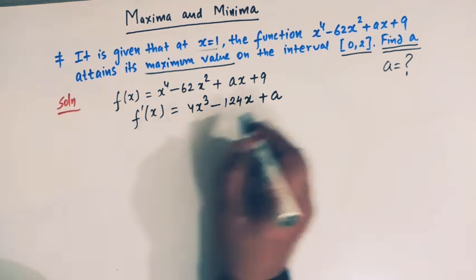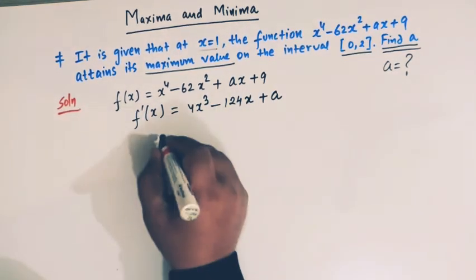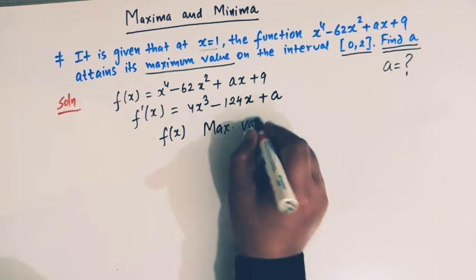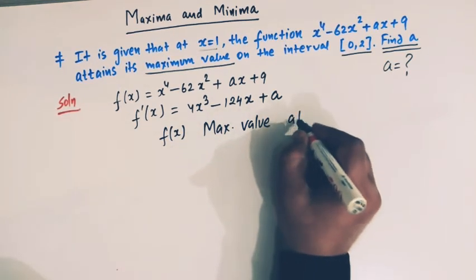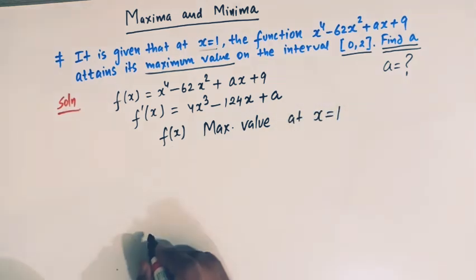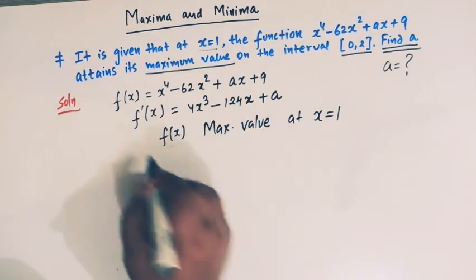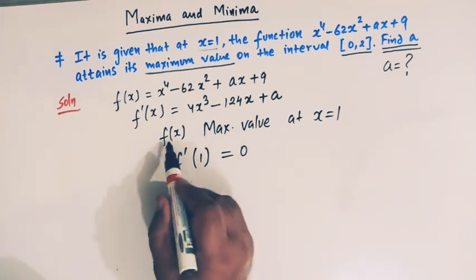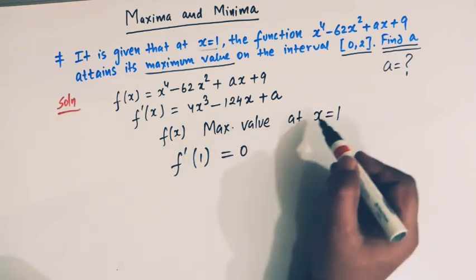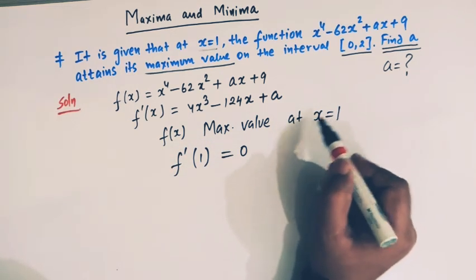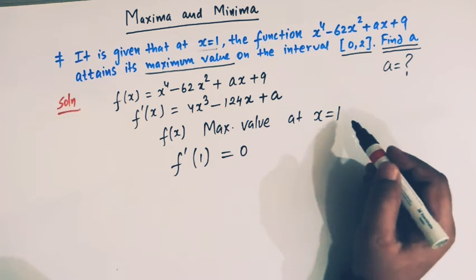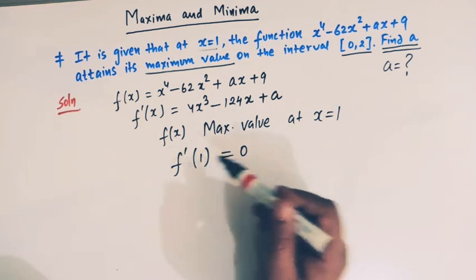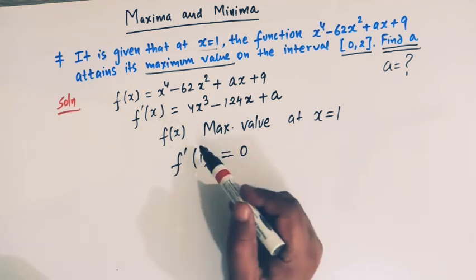Now it is given that this function f of x has a maximum value at x equal to 1, right? So what will happen? So here f prime of 1 must be equal to 0, because if a function attains its maximum value or minimum value at some point, then the derivative is equal to 0 at that point, right?